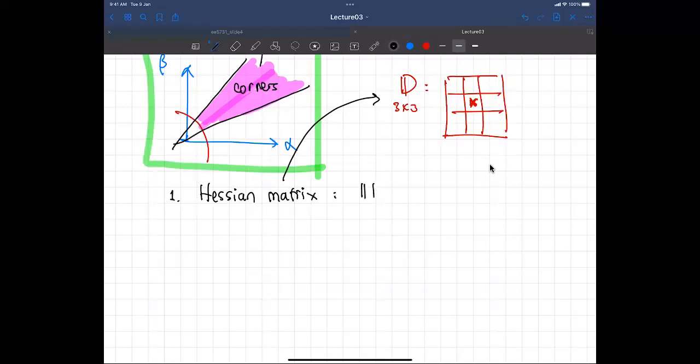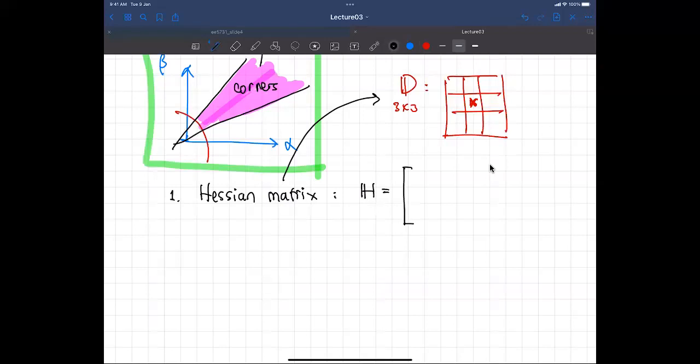So the Hessian matrix is H. What is the definition of the Hessian matrix? It is the second derivative of your data.